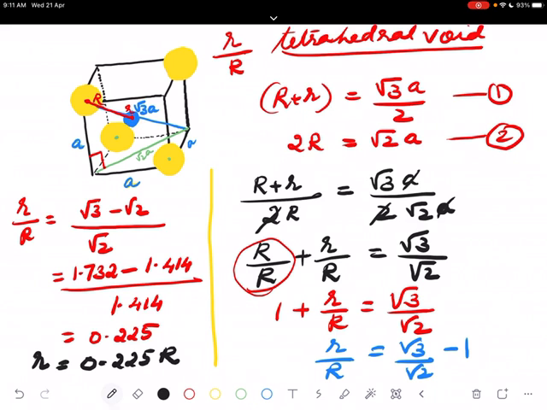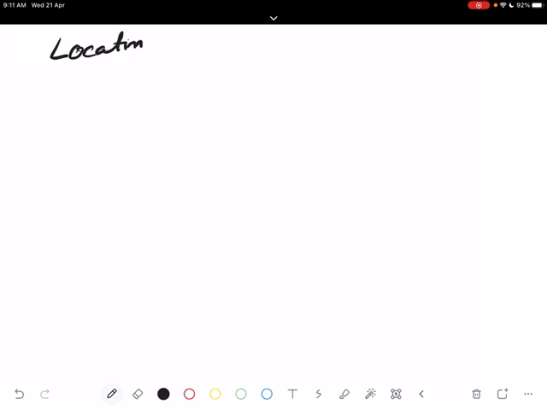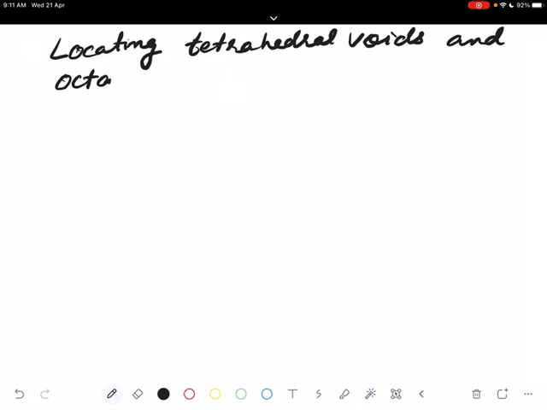Next, we are moving to another topic, that is locating tetrahedral voids and octahedral voids in FCC.